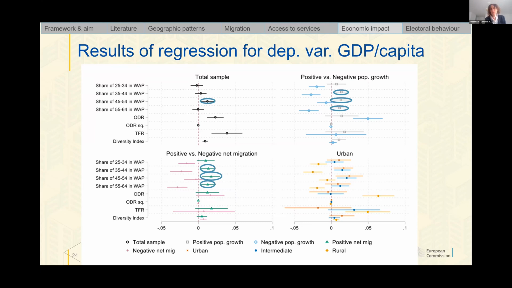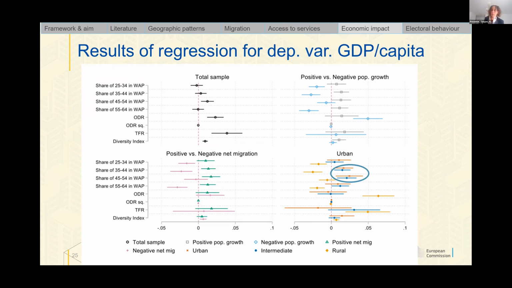On the contrary, with negative population growth and negative net migration, and this is the other side of the y-axis, the effect of a share of a group is actually negative.